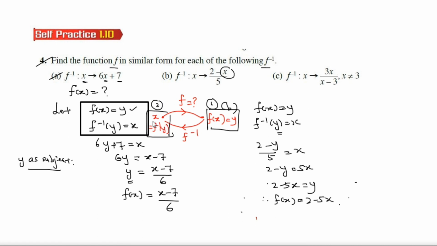Okay, this is what happened at the beginning. Hopefully you can understand better. If you cannot accept my explanation of this diagram, it doesn't matter. You just follow the procedure for how to find f x. Okay, and now it is time for you to practice. Do it yourself. Do it now.